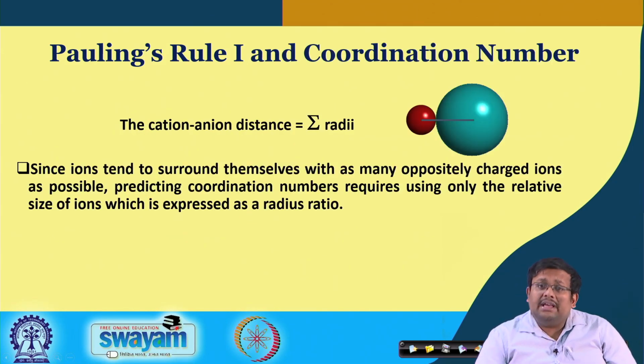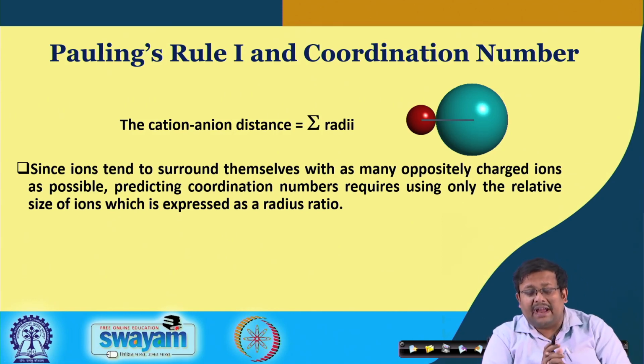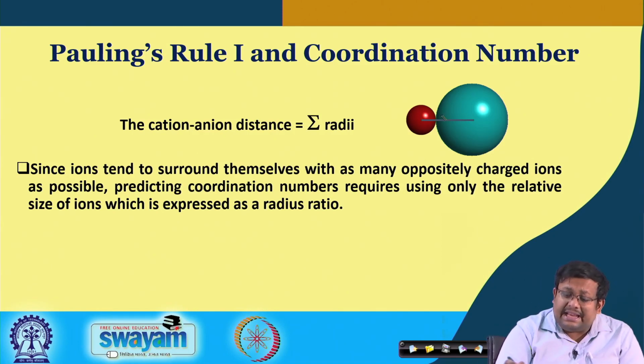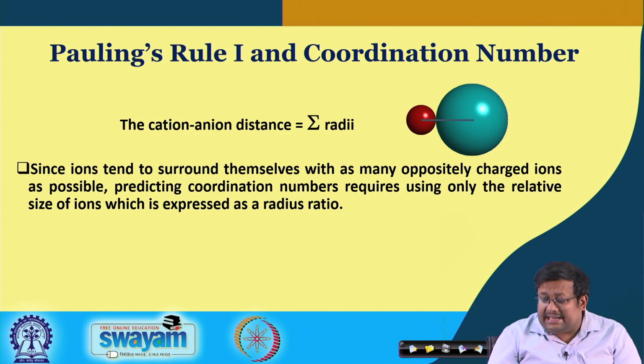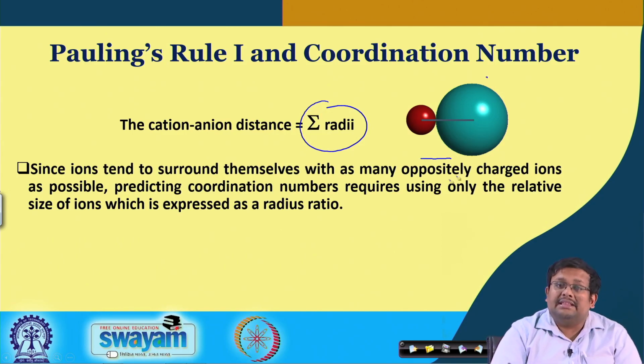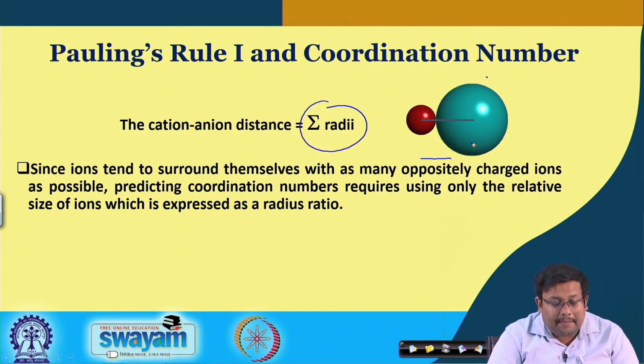According to the sum of the radii of cations and anions, you can see here the cation-anion distance is governed by the summation of their radii. Because this bonding is ionic in nature, we are assuming that these cations and anions have a rigid sphere-like structure.